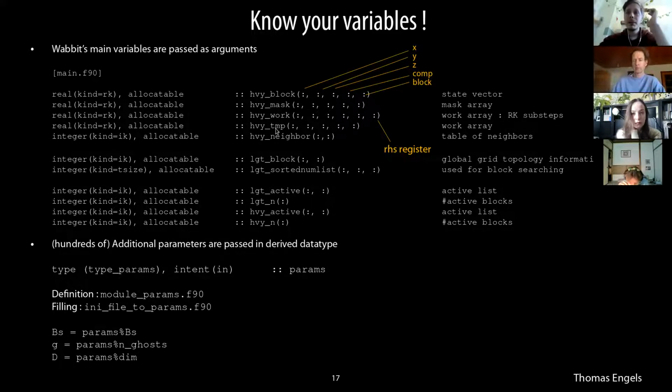Then heavy temp is the actual work array. This is used, for example, to compute the vorticity, if it's stored or something like that. In the case of compressible Navier-Stokes, and if there are questions, we can ask them later, this is also used for state vector conversion, because the compressible Navier-Stokes module solves the equations in skew-symmetric form.